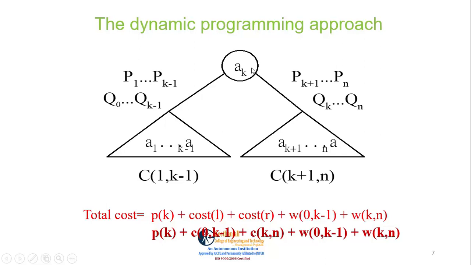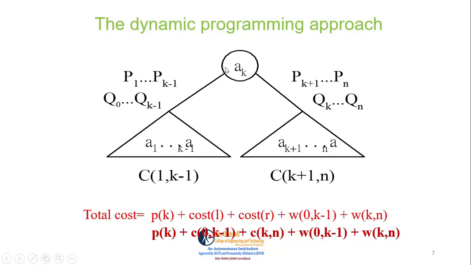The left subtree contains any element which is lesser than the root element. That is from A of 1 to A of k minus 1. Okay. So similarly, what is there in the right subtree? The right subtree contains A of k plus 1 to A of n. So these are the elements in the right subtree.